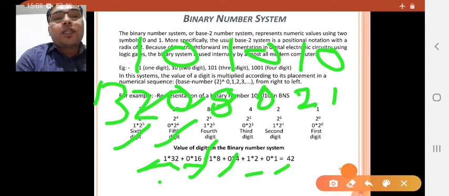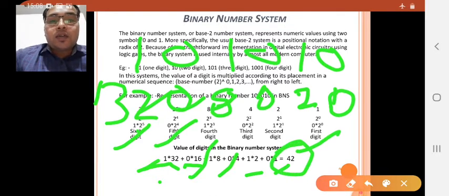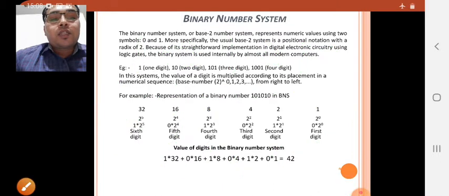Now 32 plus 8 plus 2 should be 42. This is my answer. So this is the way to solve any binary number, and this is the working of the binary number system.